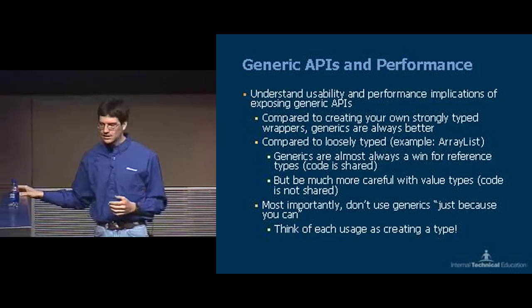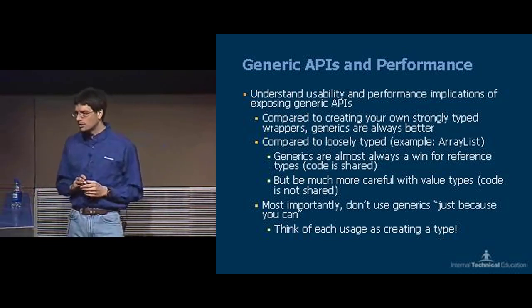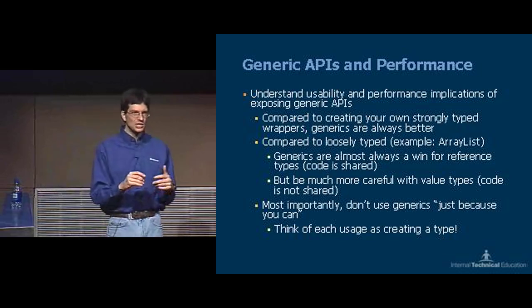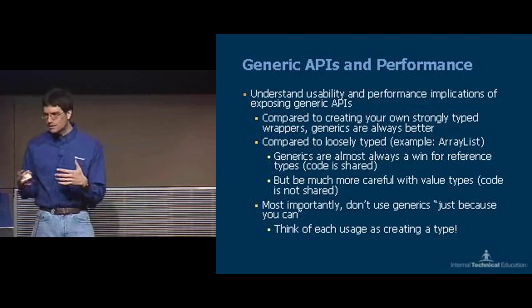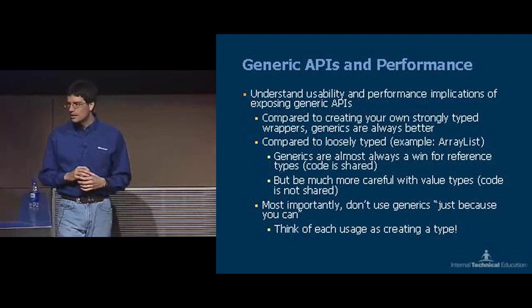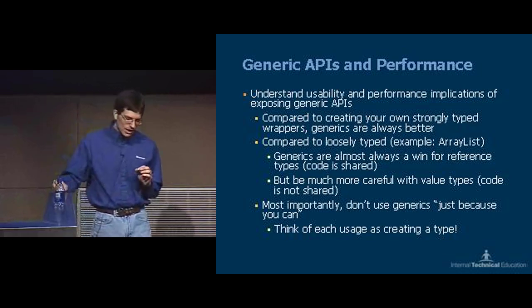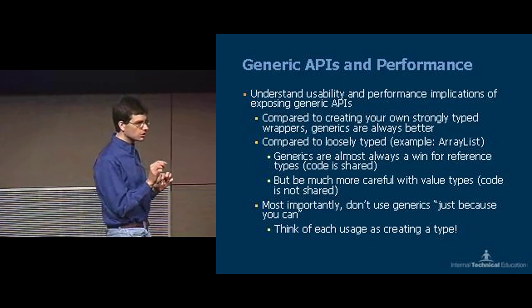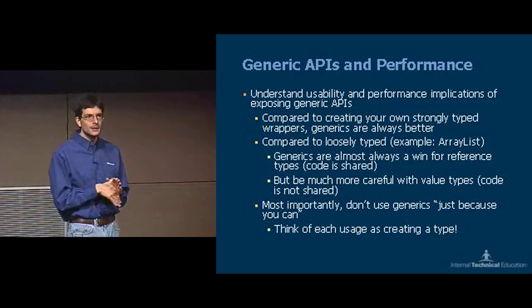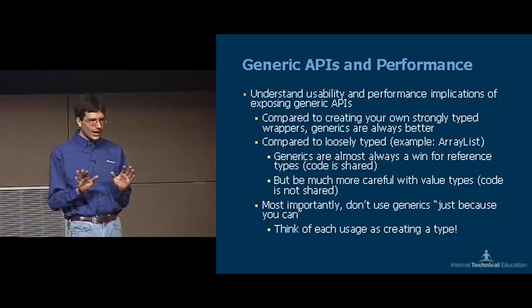So that's an easy one. If you're not creating your own types, but you're being loosely typed and providing a poor experience, is it better to use generics or not? If the types you're using for generics are reference types, then it's almost always a wash.